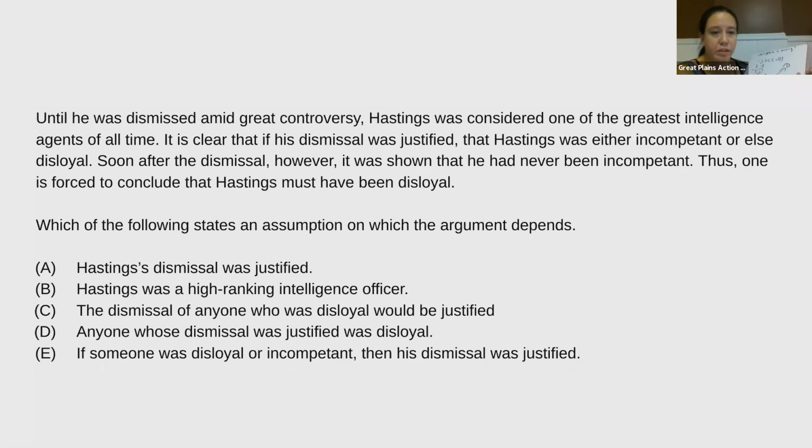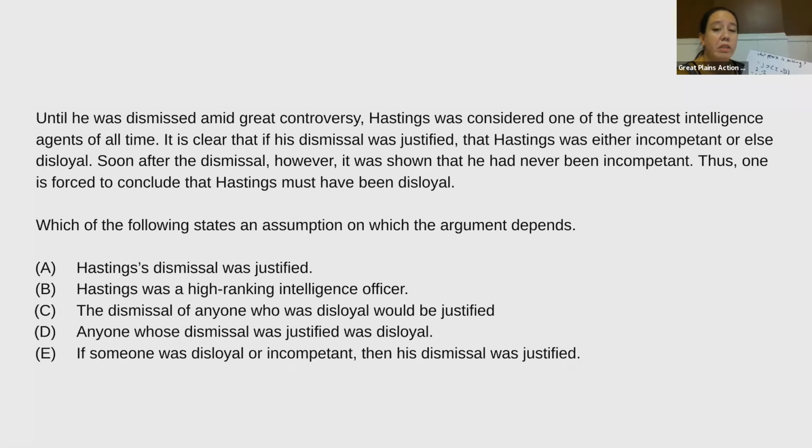We can look through the other ones. B, Hastings was a high-ranking intelligence officer. The conclusion doesn't depend on that. C, the dismissal of anyone who was disloyal would be justified. That's not what we're talking about right here. D, anyone whose dismissal was justified was disloyal. That's not what the premises say.